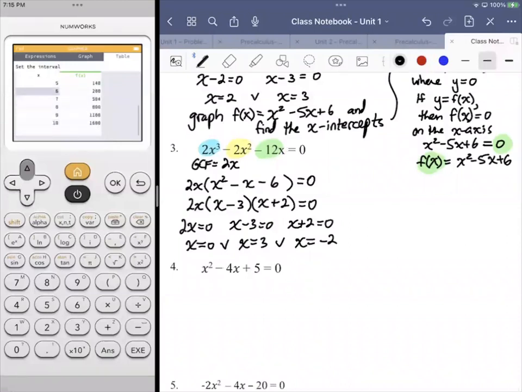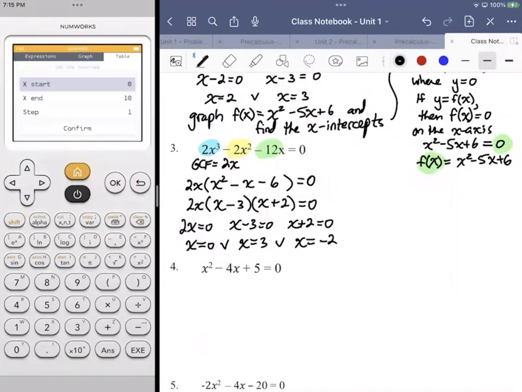So it goes from 0 to 10 by default. But maybe I have negatives as part of my answer, and this is one of those cases. What I'd want to do is set that interval, instead of going from 0 to 10, go from -10 to 10 and confirm. You'll get a lot of stuff that you don't want, but you will get plenty of things that you do want, like this -2, which wasn't there before, is here now.